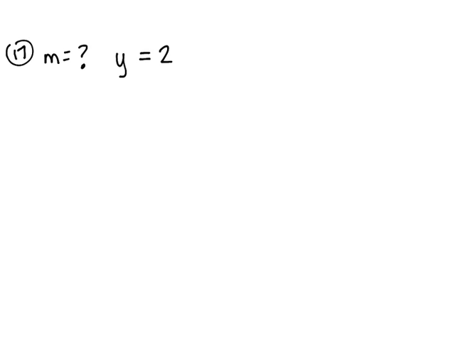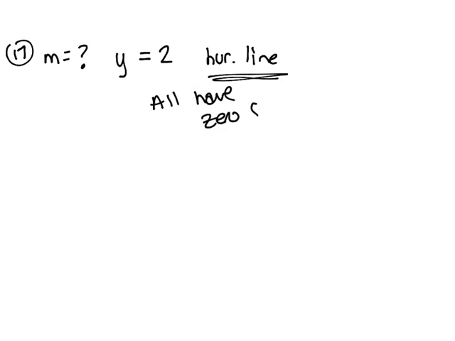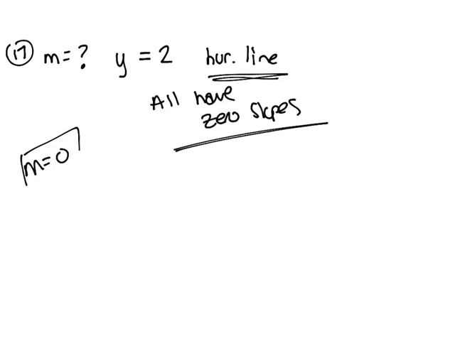Zero slope. Y'all got to remember that. This is a horizontal line, and all of them have zero slopes. Okay? So your m is 0. Questions?